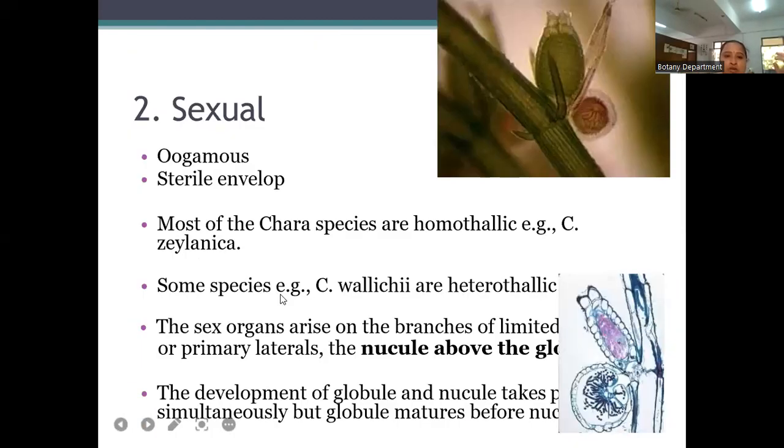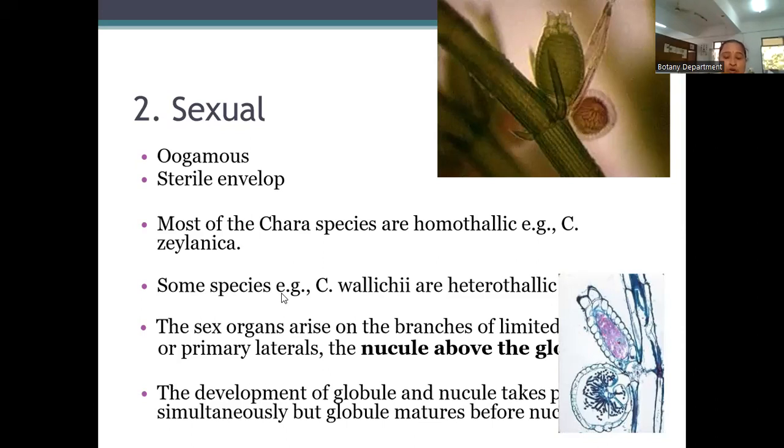Coming to the next one, sexual reproduction. Here, asexual reproduction is totally absent. You only read the sexual reproduction. Very important this one also. Chara shows a highly advanced type of oogamy.